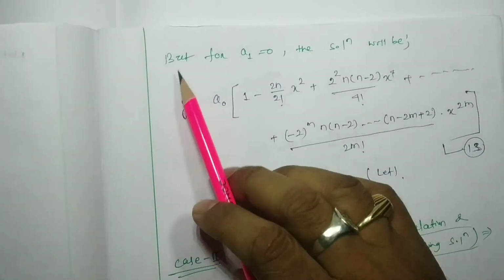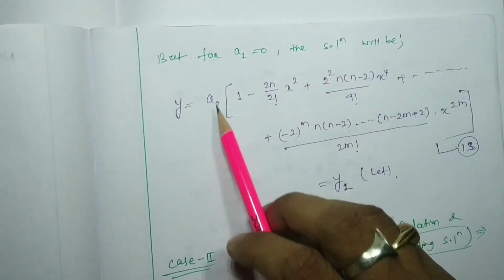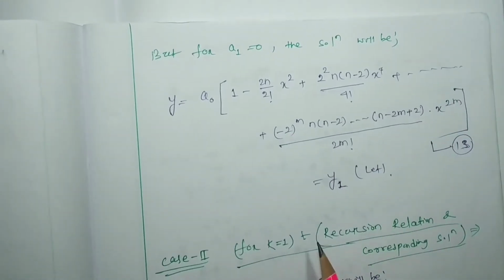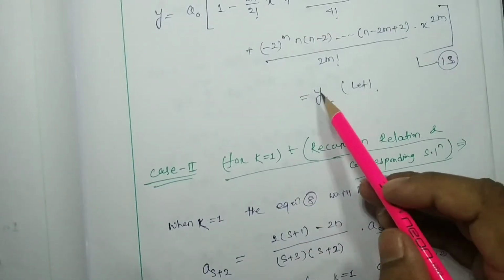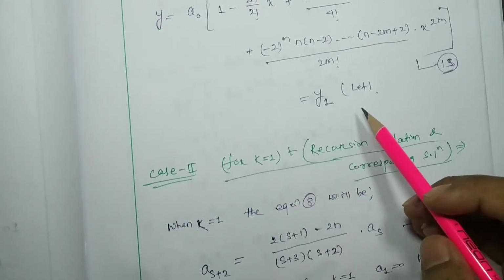The same thing I have written over here. For a1 equal to 0, the solution will be a0 into the whole term. Let this be your solution y1 and equation number 3.